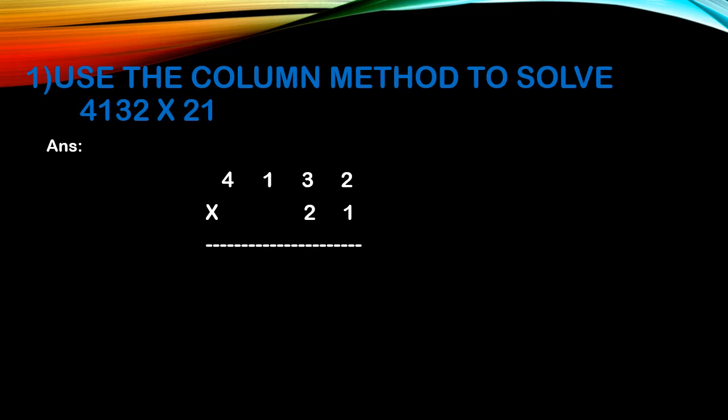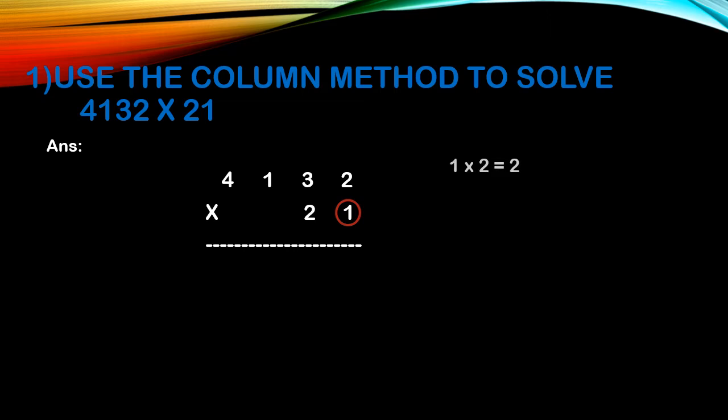The next step, we have to multiply the ones digit of the 2-digit number. What is the 2-digit number here? 21. What is the ones digit? Ones place 1, isn't it? So now we have to multiply 1 by the 4-digit number.